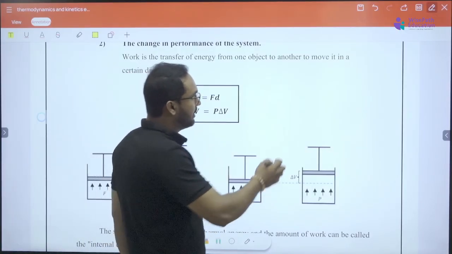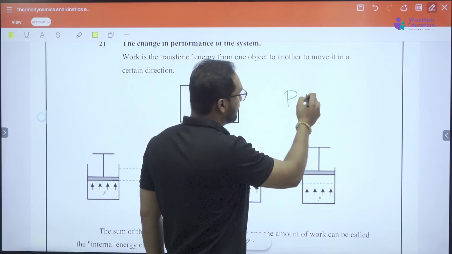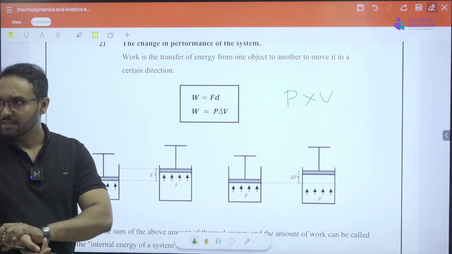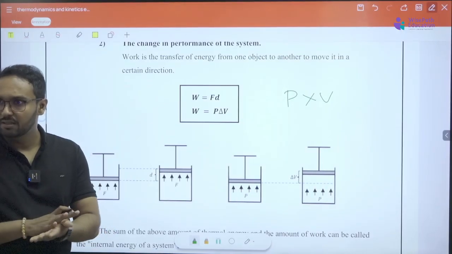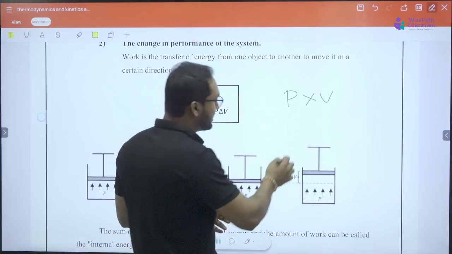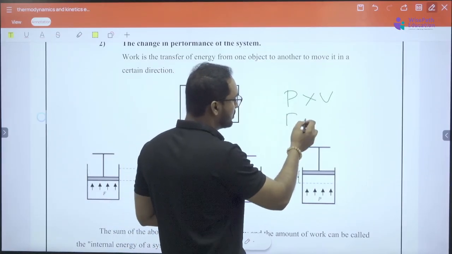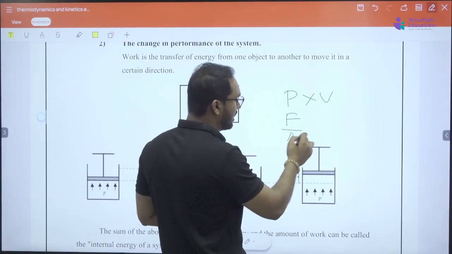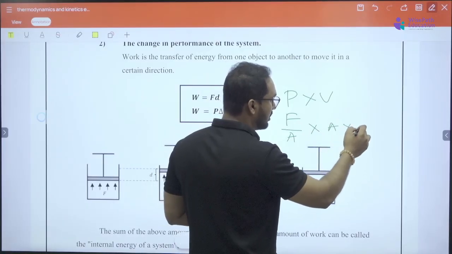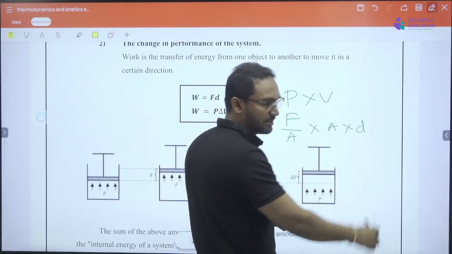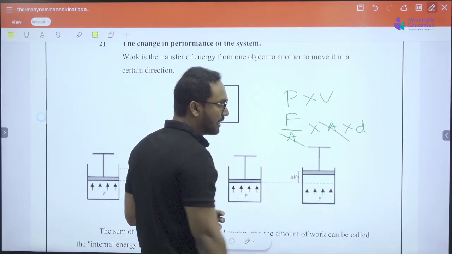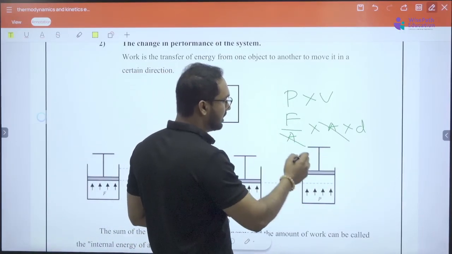So now if I multiply the pressure by the volume, there's something that you get. What is the thing that you get? So how do you find it? Pressure is force over area, and the volume is the cross-sectional area times the height or displacement. So what happens now? Area cancels out with area, and what do you get?